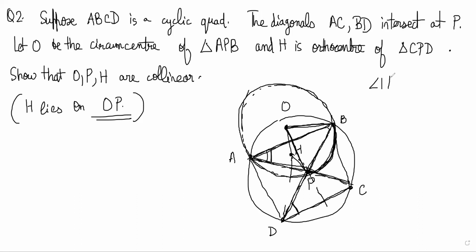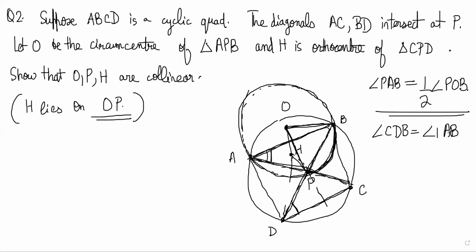Angle PAB will be equal to half of angle POB. So half of POB is equal to CDB, from the beginning. Angle CDB is equal to angle PAB is equal to half of angle POB, right?